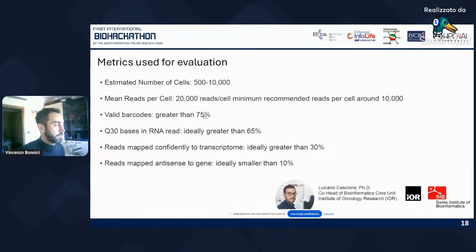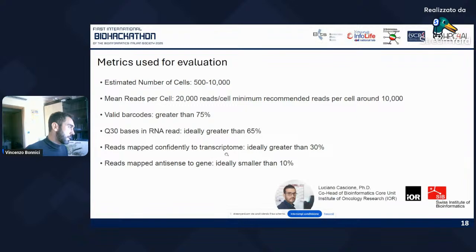If the percentage is below 75%, think about what you obtained from the sequencing, whether it is very good or whether you need to rerun the sequencing. Q30 bases in RNA reads should ideally be greater than 65%. So the quality of your reads should be very high.